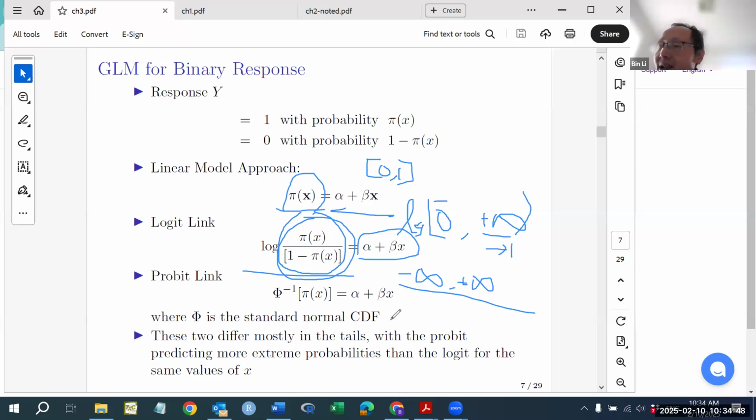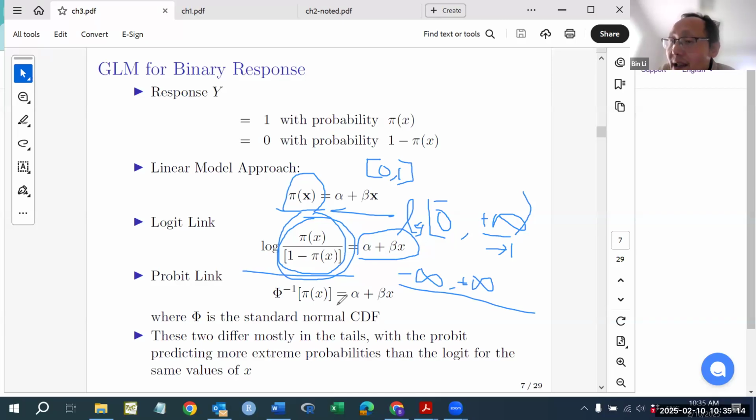And for the probit link, same thing, because the probit link uses the inverse of the standard normal cumulative distribution function. So basically, the probit link models the z-score through a linear function of x, right? What's the range of the z-score?